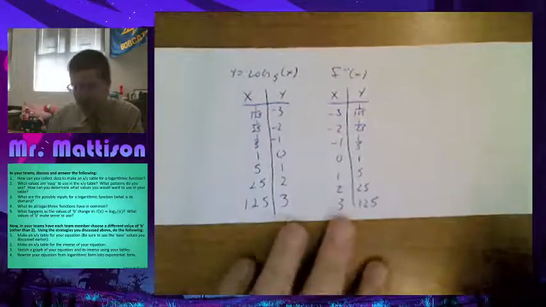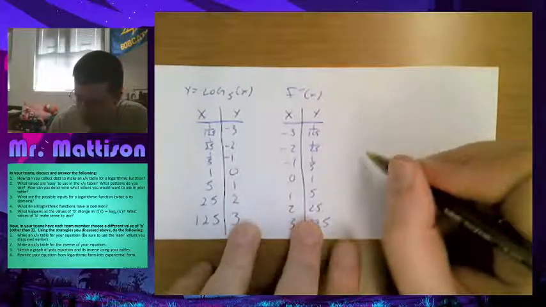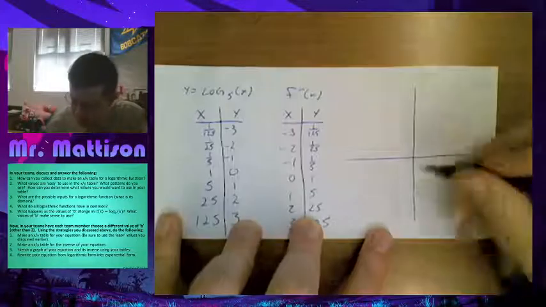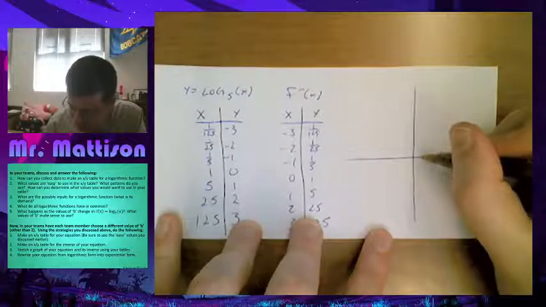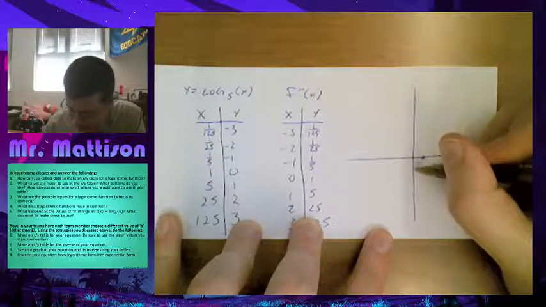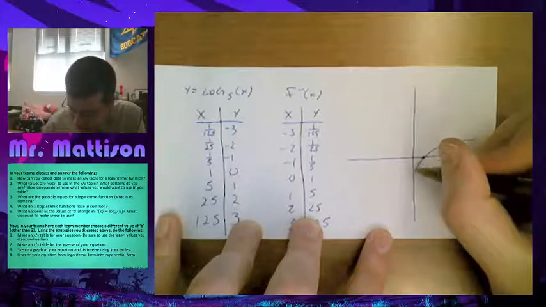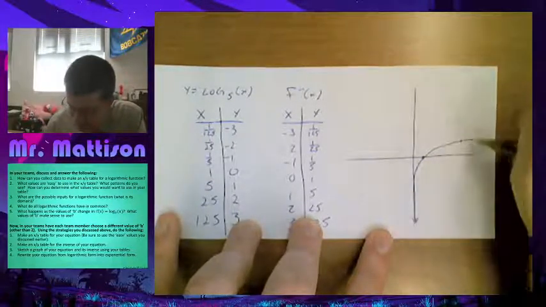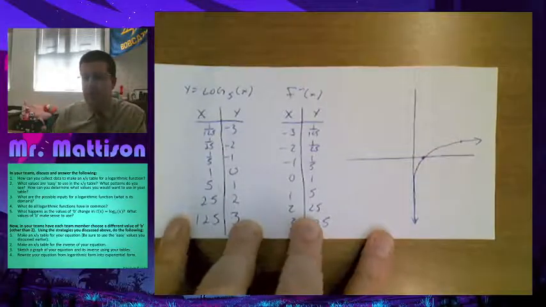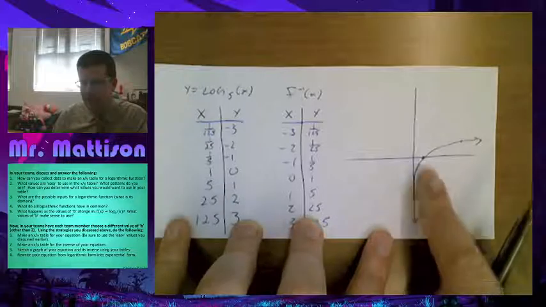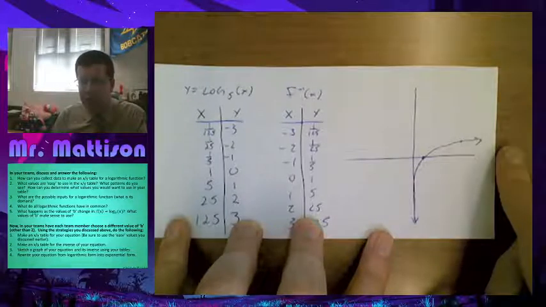Now, I'm not going to bore you by making you watch me plot points, but what you should see when we plot these is our original will cross through at (1, 0), and then we have some points down here, and then we end up with that kind of shape. And we've seen the shape in the past, that's our shape for the logarithmic graph. Right? So you follow the asymptote on that vertical axis, and then you cross over and then go right really, really fast.